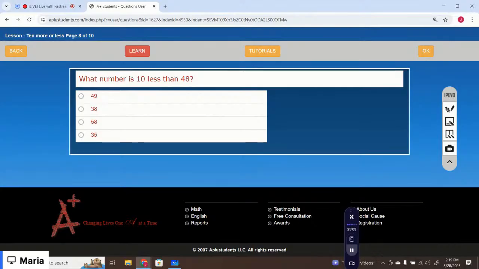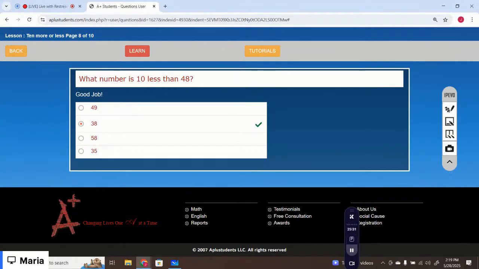What number is 10 less than 48? Which is the correct option? 10 less than 48 is 38, option B is the correct option.